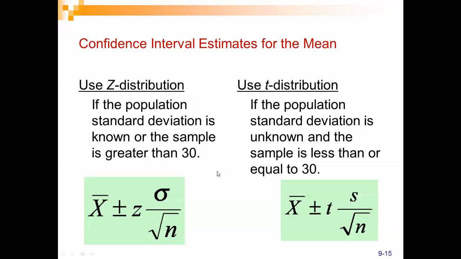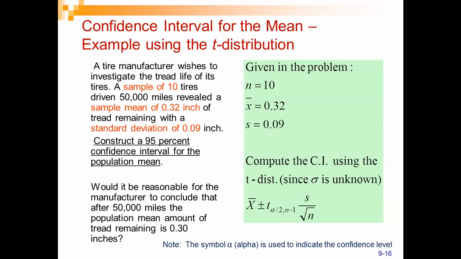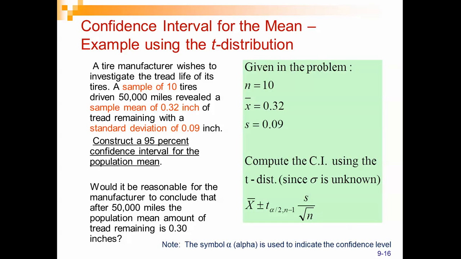And of course, we have an example for a confidence interval using the t-distribution. What is it that we don't know that causes us to use the t-distribution for the confidence interval? Do you remember? Well, if you don't remember, maybe you need to back up the video and check again.